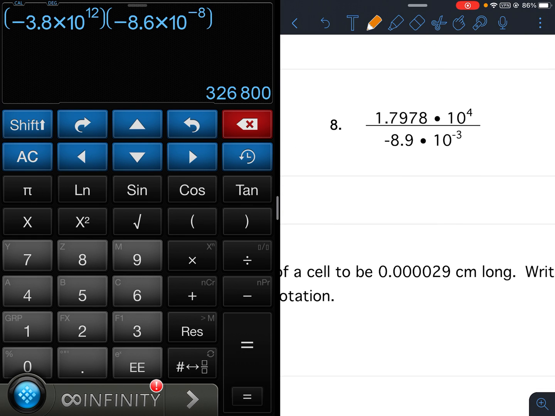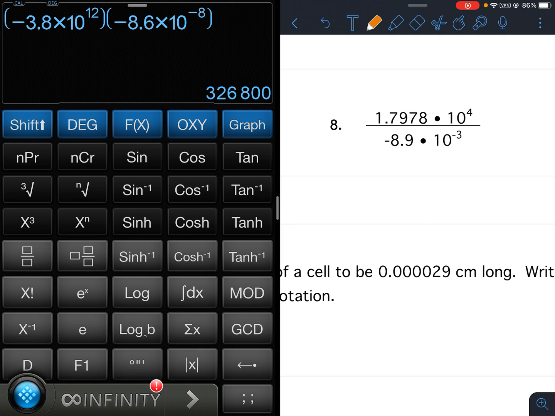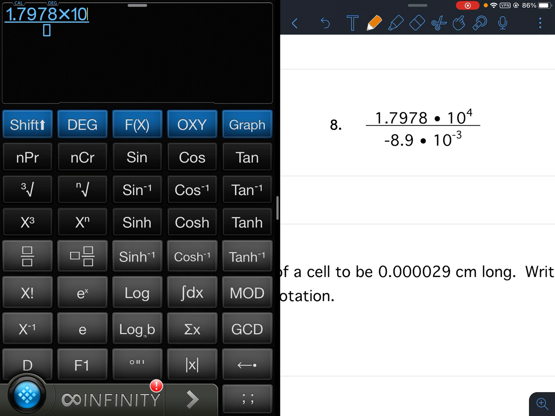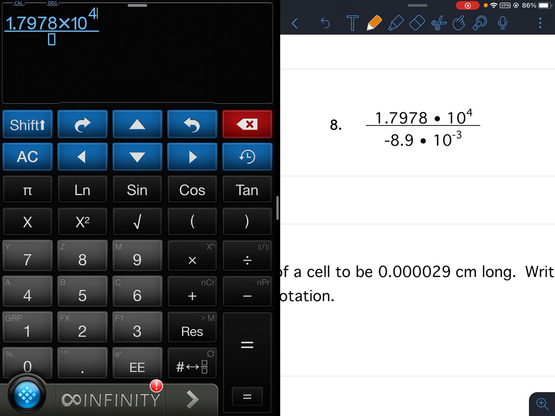Last problem. This one you're going to want to start with the fraction button. So on top, I've got 1.7978 times 10 to the 4th. Hit the over arrow twice to get to the bottom.